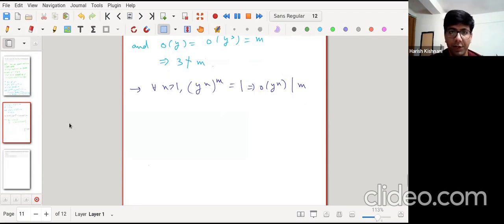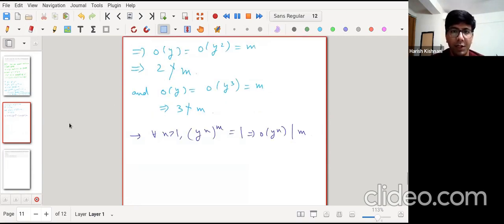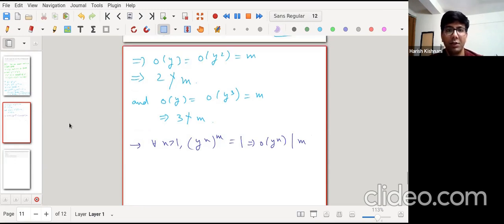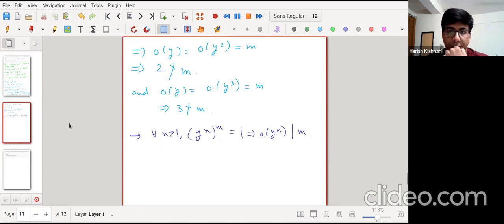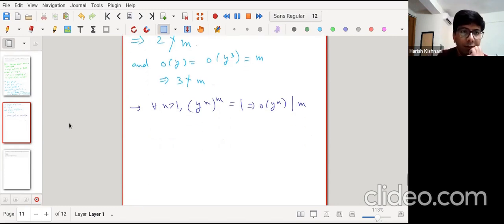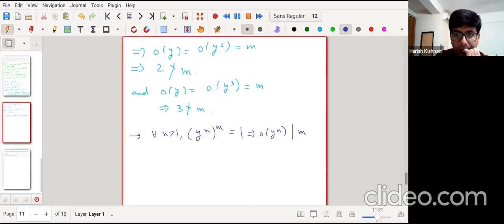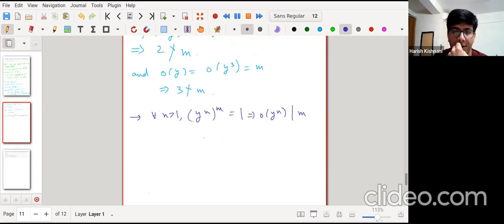You just check with 5. 5 is just y square y cube, and the order of y raised to 5. Order of y^n is a divisor of m.